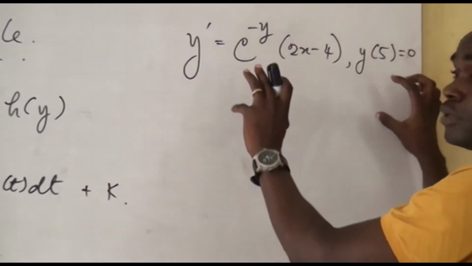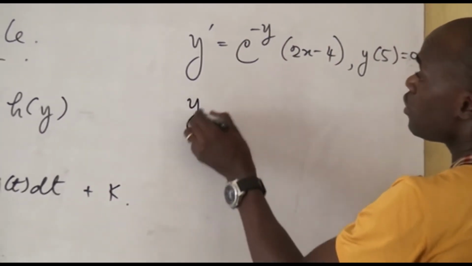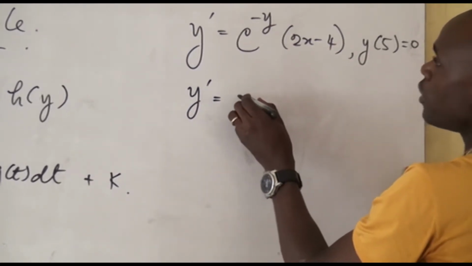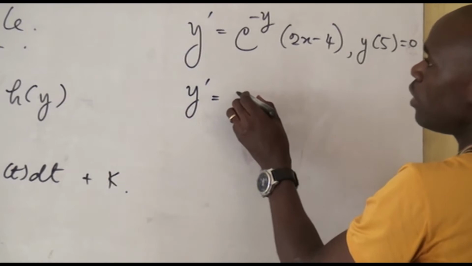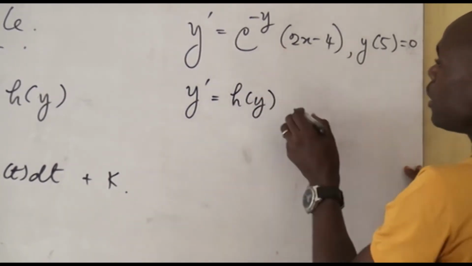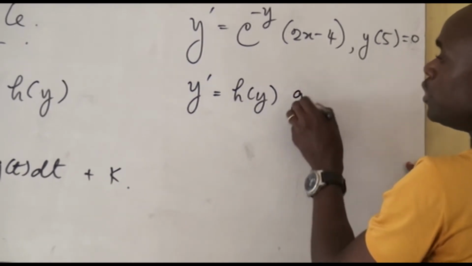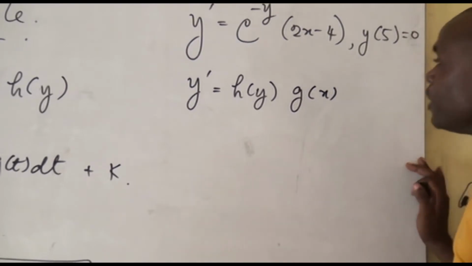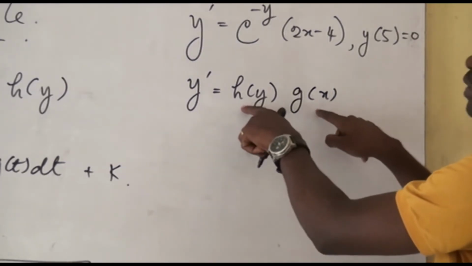So it's separable already. You can see that you have y prime equals to, this is our h of y, while this is our g of x. I'm sorry, using y and x this time. So it's easy to separate this form.